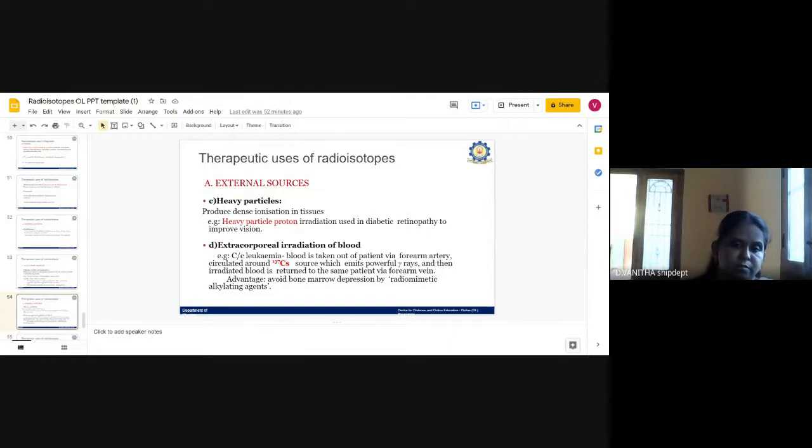Here we use extracorporeal irradiation of blood, circulated through an artery around a cesium-137 source which emits powerful radiations. The advantage of this is that it avoids bone marrow depression caused by radio-alkylating agents.